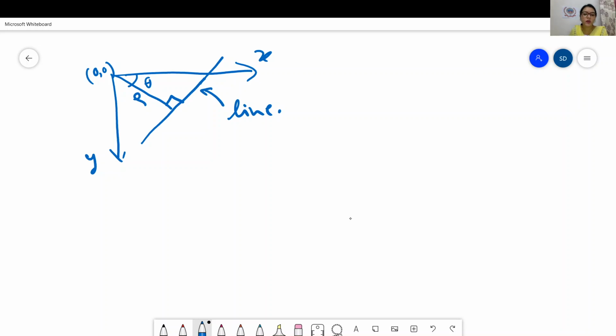So these are the rho theta parameters, and rho is expressed in terms of x cos theta plus y sin theta. So how will it go now? Every line has its own rho and theta.